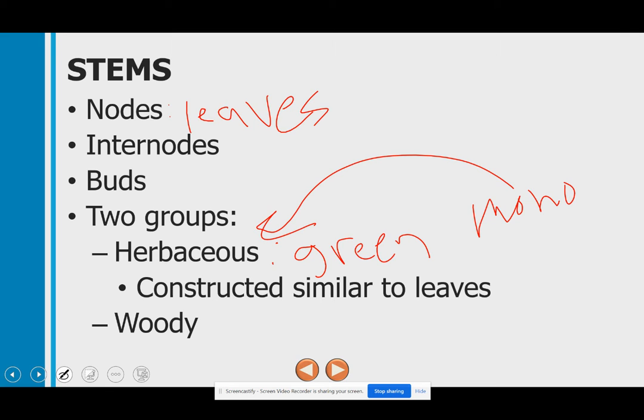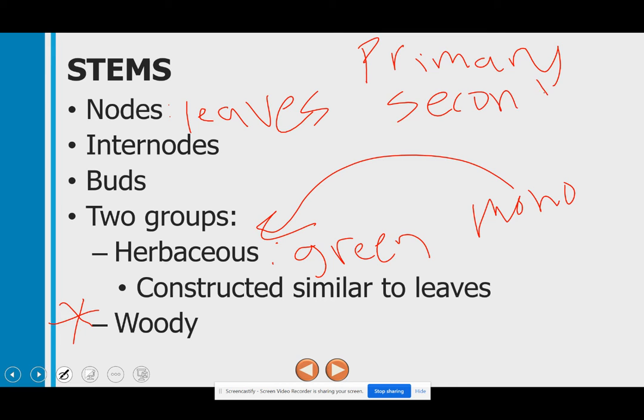Now, for a lot of our dicots, eventually they're going to move past that herbaceous stem growth and turn into a more woody stem. And so a stem is going to have two types of growth. The two types of growth you're going to see in a stem is going to be primary and secondary.